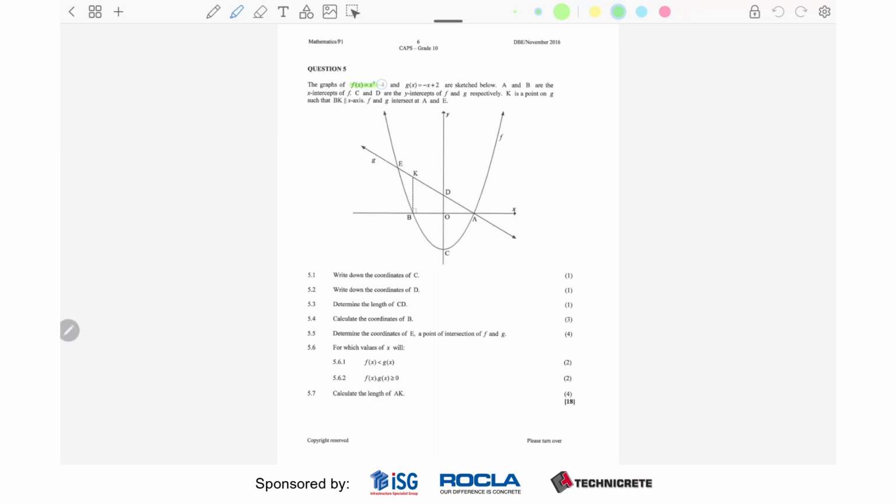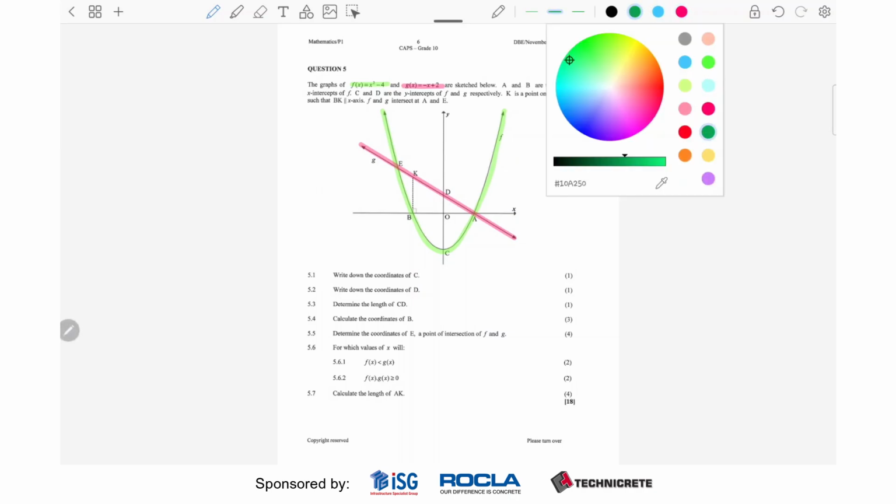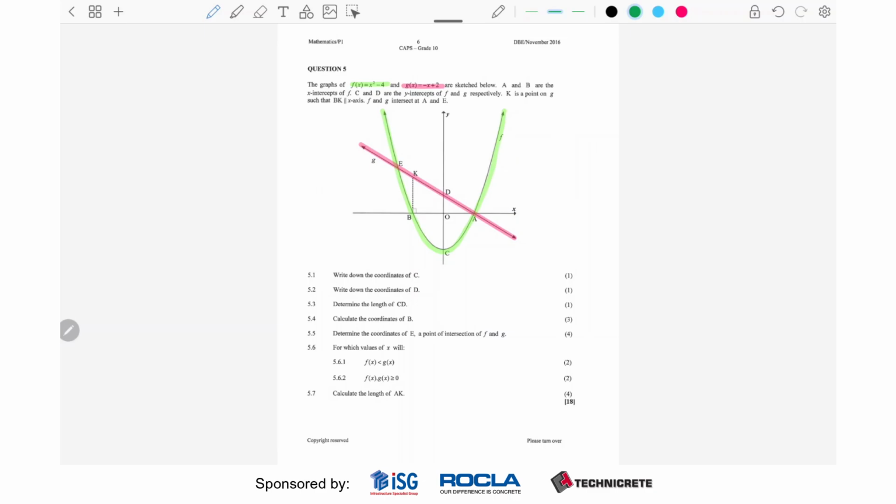So let's make f of x green. f of x is the parabola since it's an x squared, so let's highlight that. And g of x, let's make that pink. It's the straight line, and it's a negative straight line, so it goes from bigger to smaller, and that's pink there. Okay, now A and B are the x-intercepts of f.